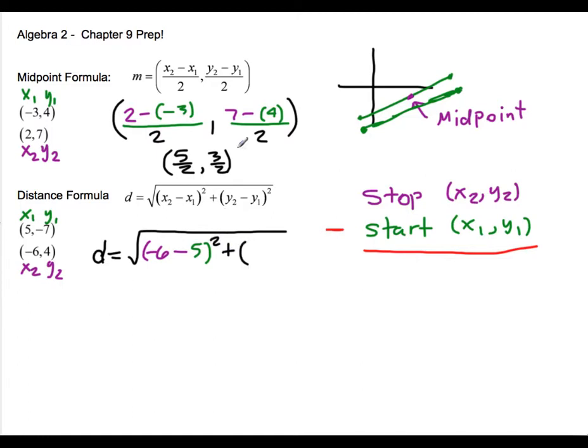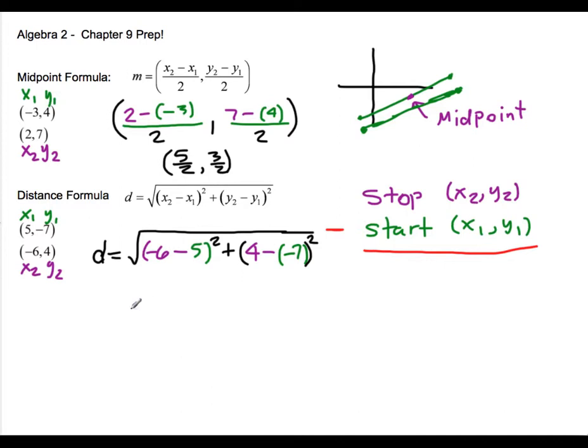Plus y2 minus y1. So y2 is 4, minus -7. Make sure you put that -7 in parentheses, and we'll square it. So all of this is under the radical.